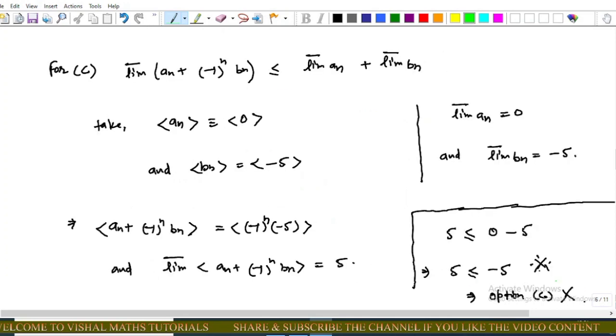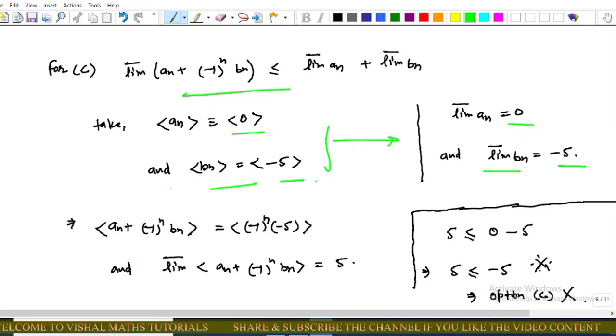Now come to option C, and in option C we have given this inequality. Now for this inequality we take a counterexample, that is we take the sequence a_n equal to a null sequence and the sequence b_n equal to a constant sequence, where the constant is equal to -5.